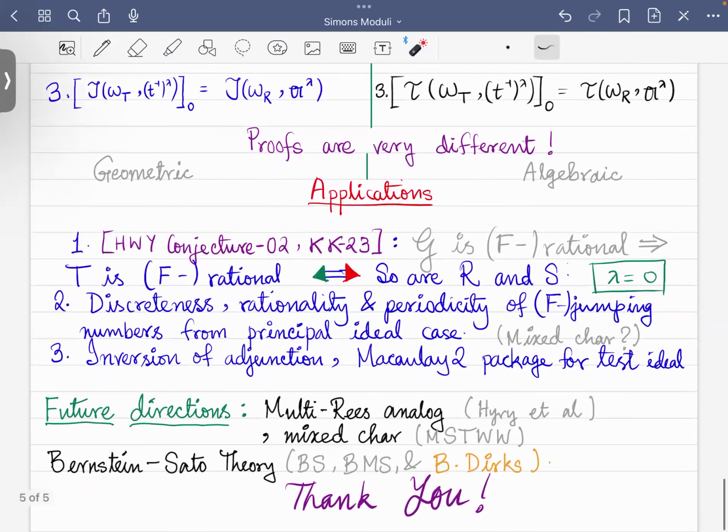Okay. Another application is the discreteness, rationality, and periodicity of jumping numbers.